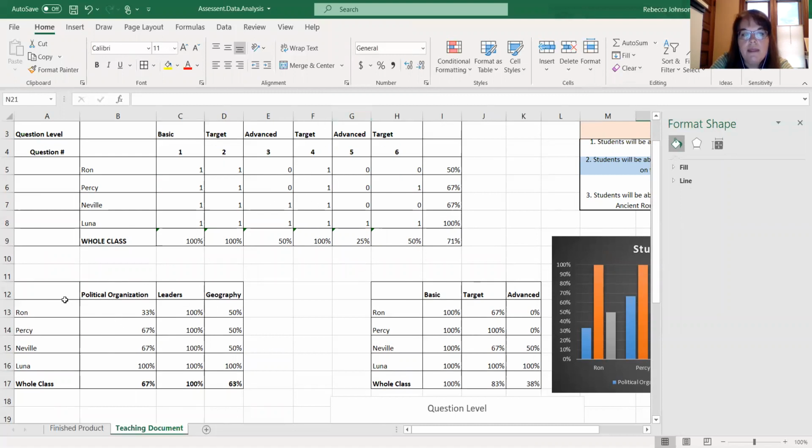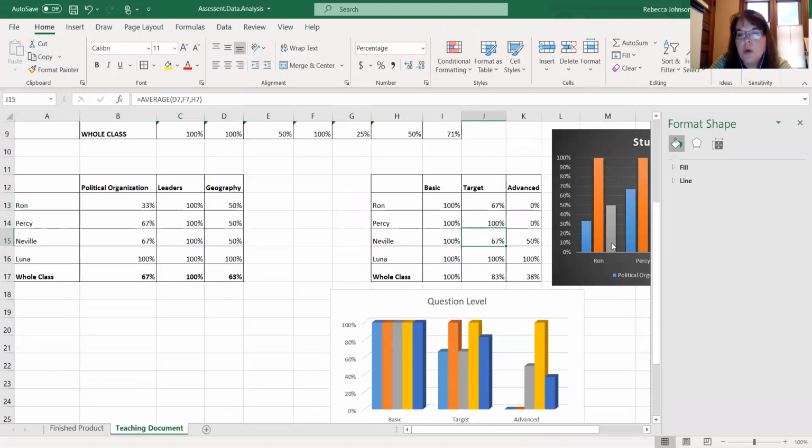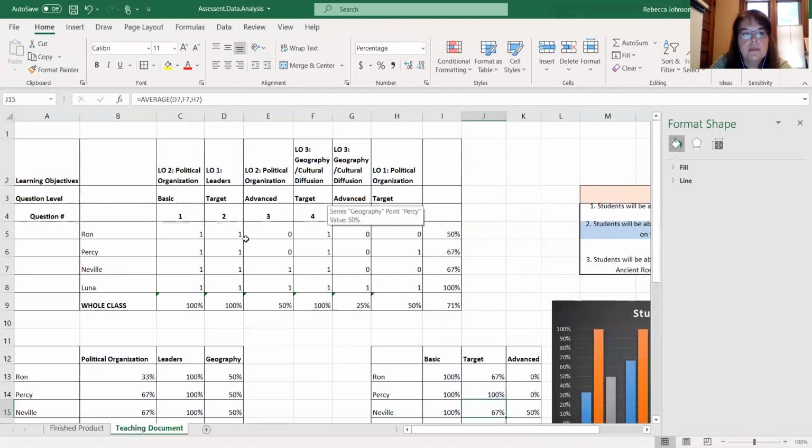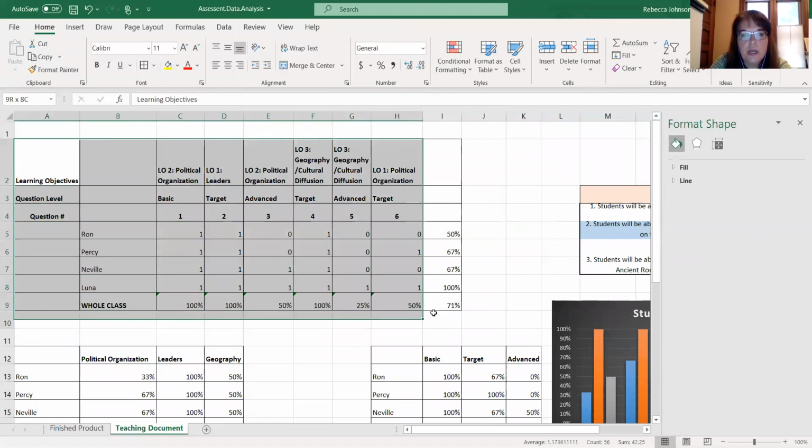Because remember, this section here is just summarizing, it's aggregating all the questions about political organization into one statistic instead of having it individually. Okay, but you definitely want to include both the graphs and the table that gives the data per question.